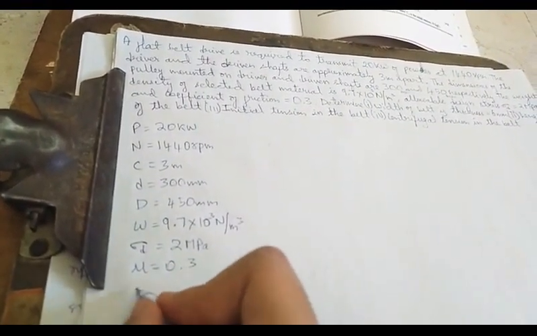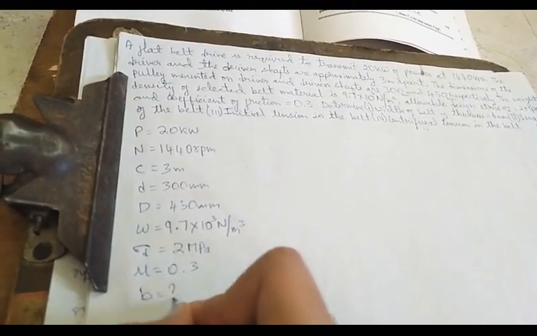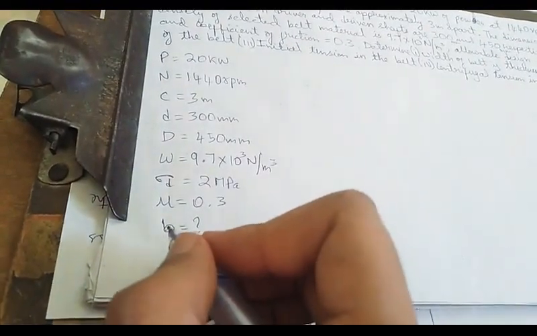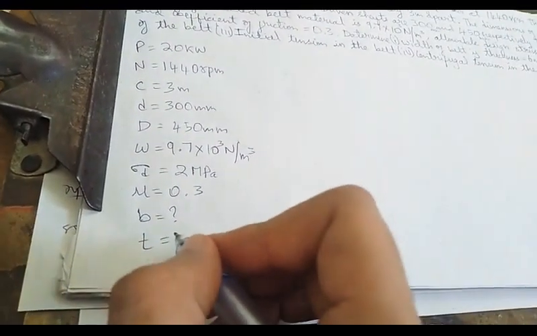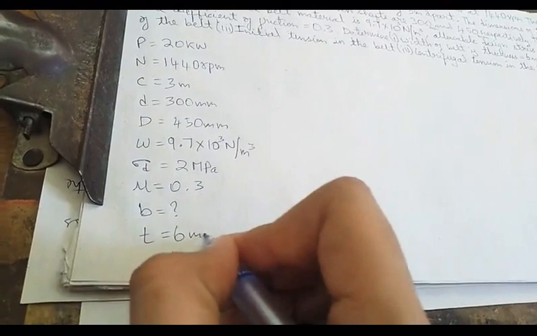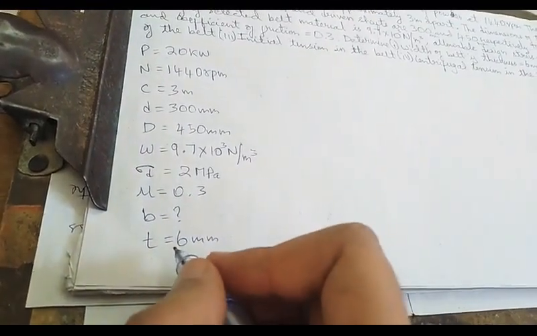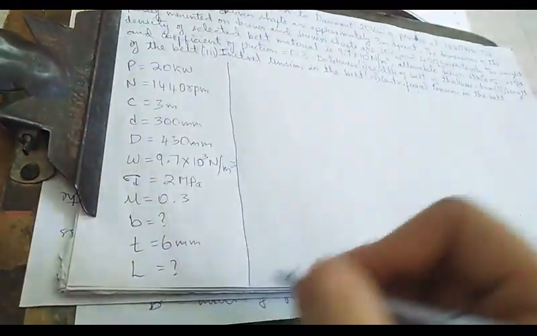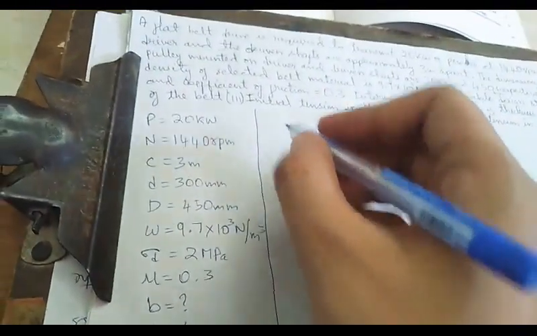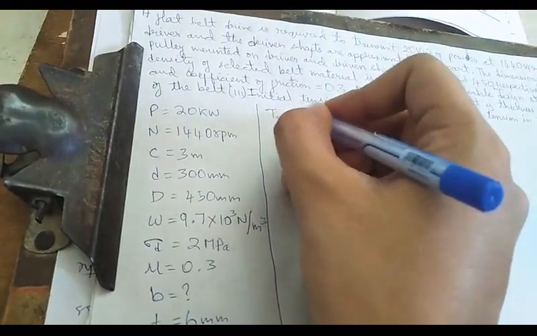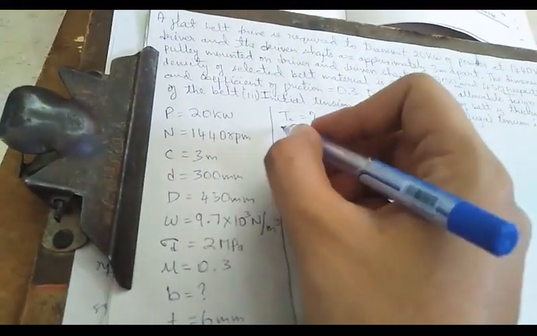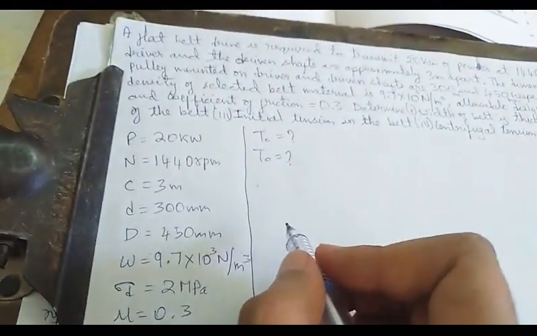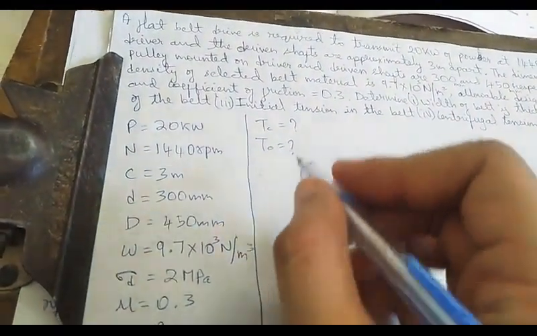Determine first one, width of the belt, if thickness of the belt is 6 mm, length of the belt, initial tension of the belt, T naught, and centrifugal tension in the belt, TC.